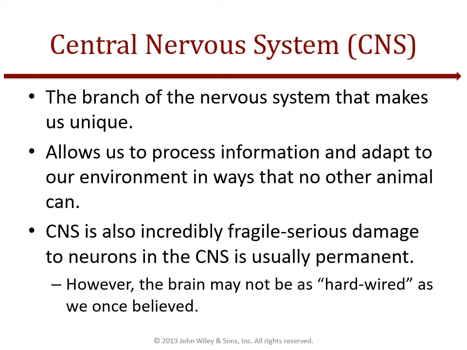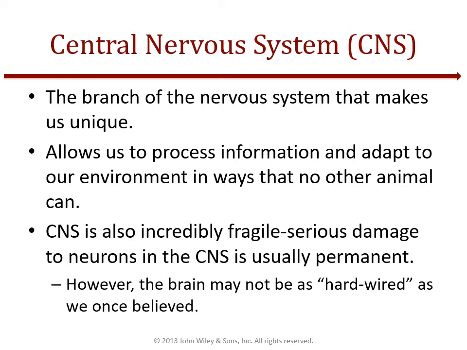Just the other day, my husband and I were looking at National Geographic, and they had a cheetah, and they talked about how the cheetah runs at least 60 miles within seconds. Now, we can't do that. But thanks to our central nervous system, we are able to process information as well as adapt to our environment in ways no other species can.